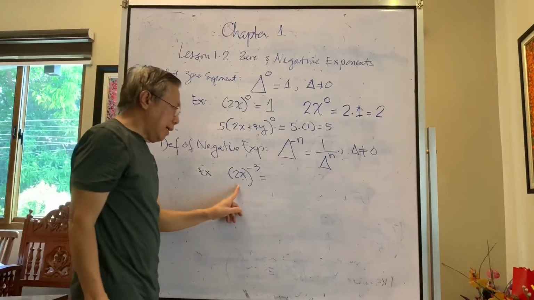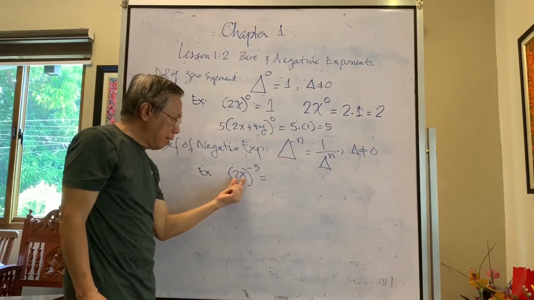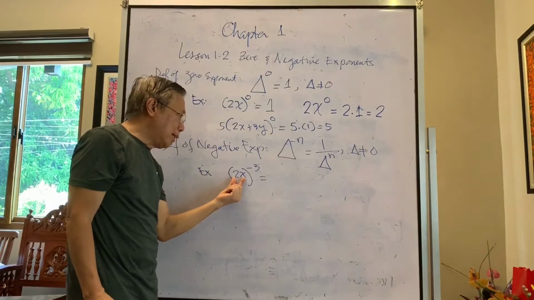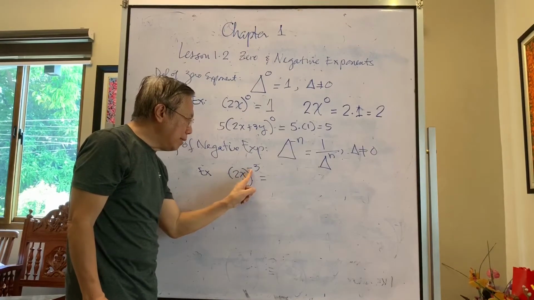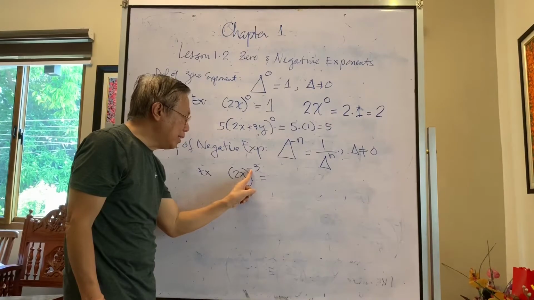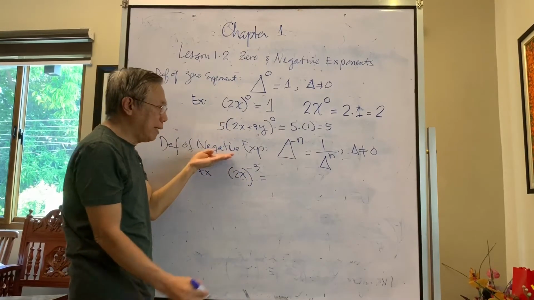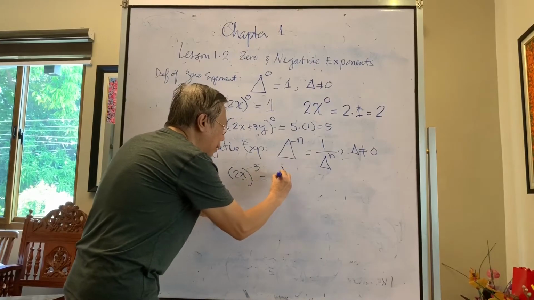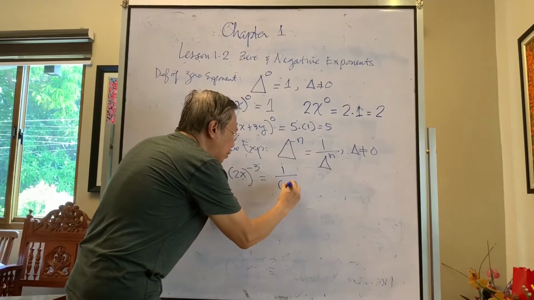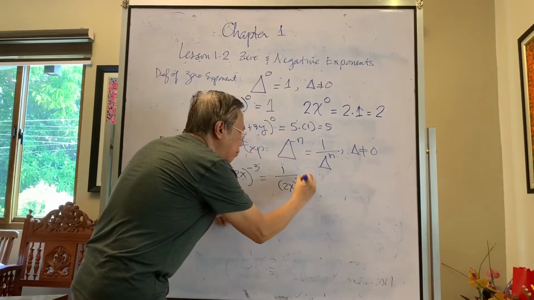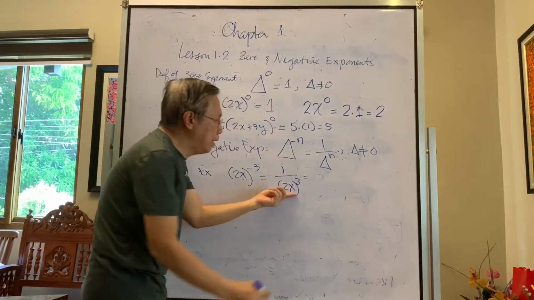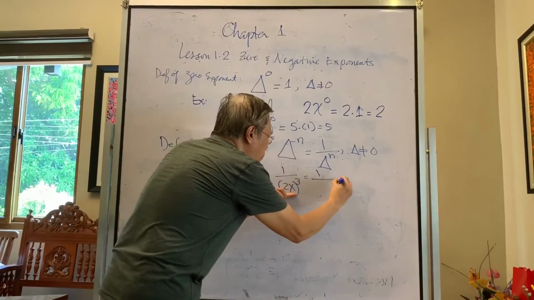Okay, so example here, you're going to have here (2x) raised to the negative 3. Instead of applying the power of a product right now, we can actually simplify this first and make it positive by using our definition of negative exponent, and we have here what? 1 over (2x) raised to the cube, and then and only then can you apply the power of a product.